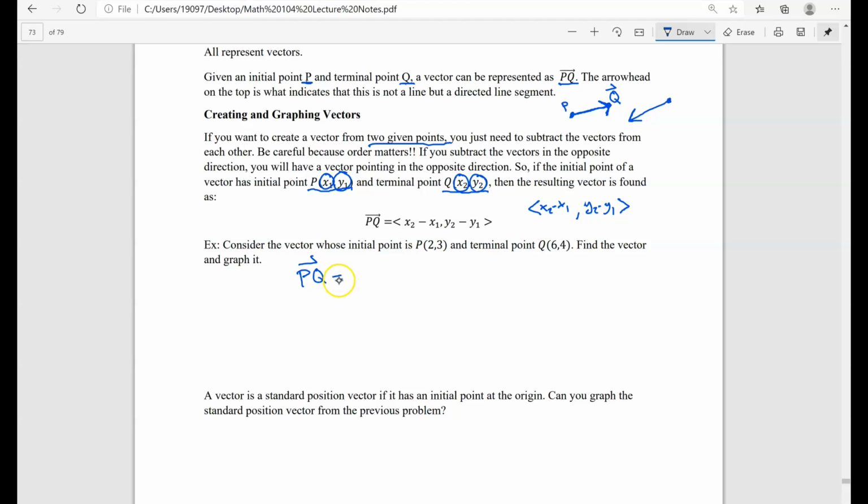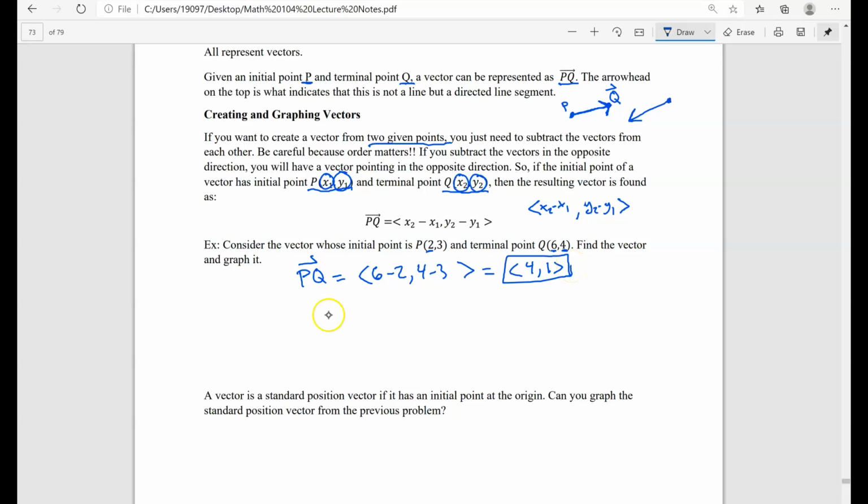Let's subtract them. The terminal x point is 6, and I'm going to subtract the initial x point, which is 2. Then, comma, the terminal y point was 4, and I'm going to subtract 3. So 6 minus 2 gives me 4, and 4 minus 3 gives me 1. So this is going to be my vector.